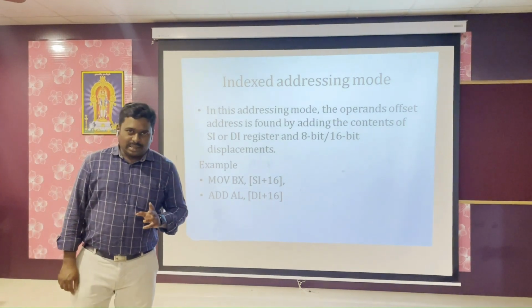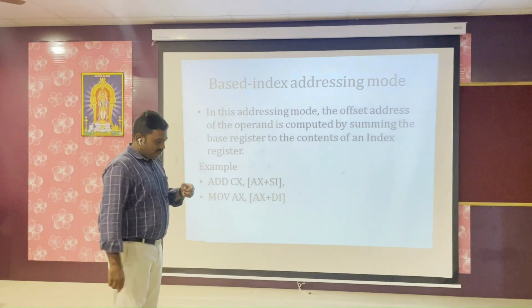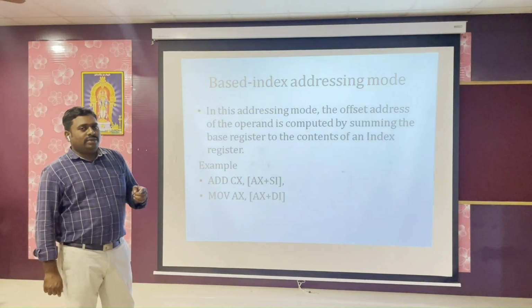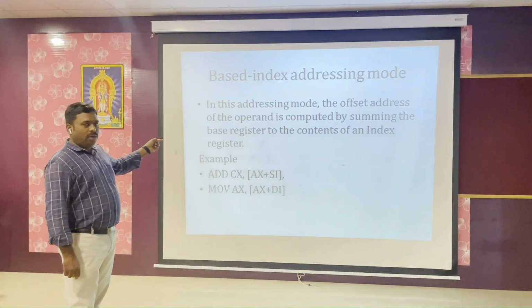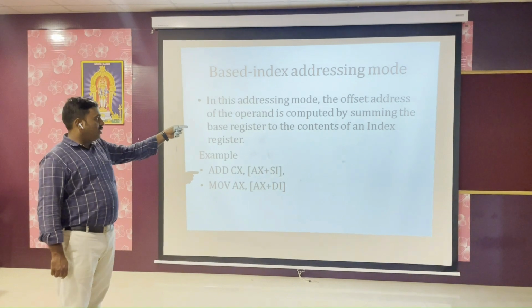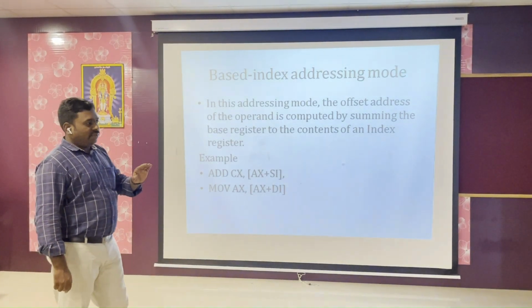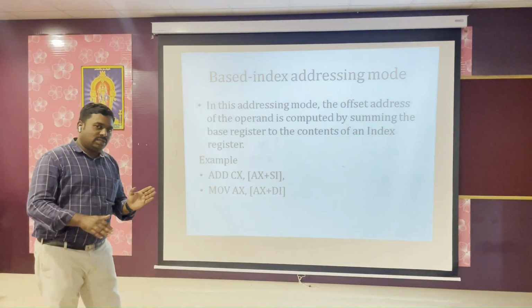The next addressing mode is base index addressing mode. Previously we discussed base addressing mode and index addressing mode; this is the combination of both. The offset address of the operand is computed by summing the base register to the contents of the index register. Previously we took a base register or index register with displacement.